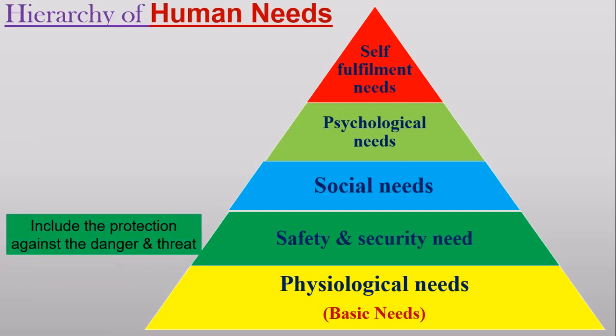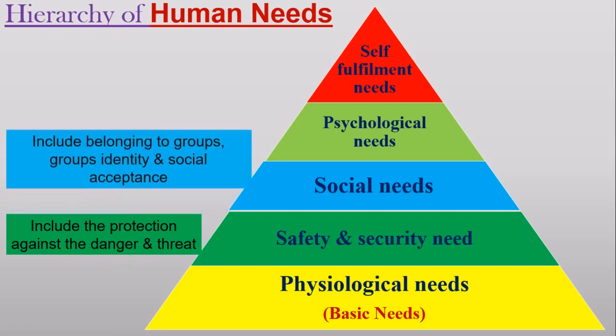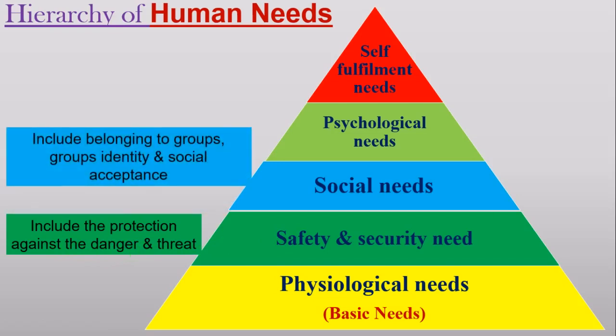Then second is the safety and security needs. It includes protection against dangers and threats, which comes under security and safety needs. Then third is the social needs. It includes belonging to groups or group identity and social acceptance.